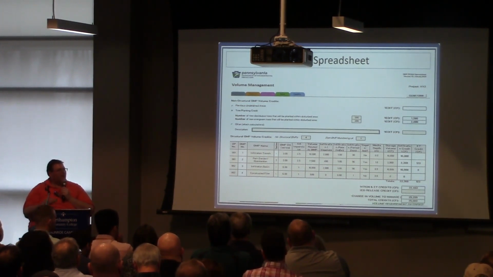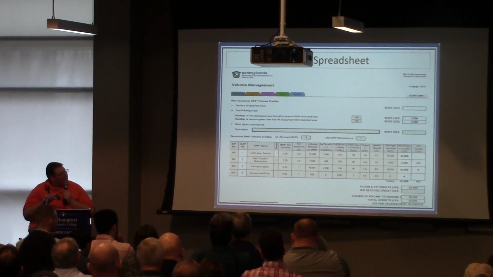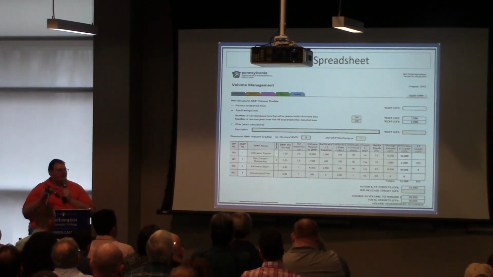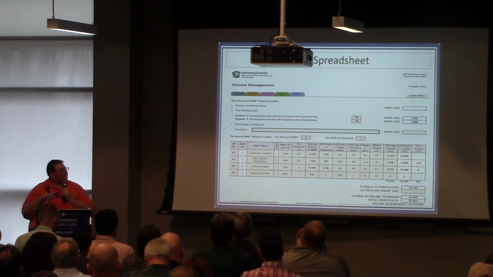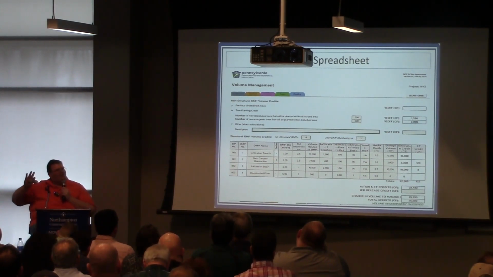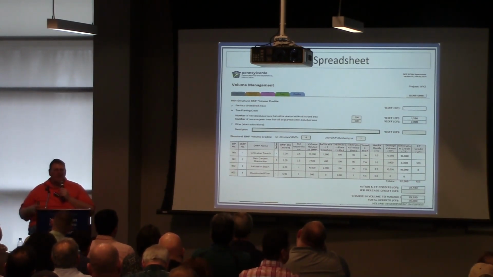So right now, this calculation isn't really known to us because it's all happening within the spreadsheet, and it's based on a manual that hasn't been put out to the public yet.